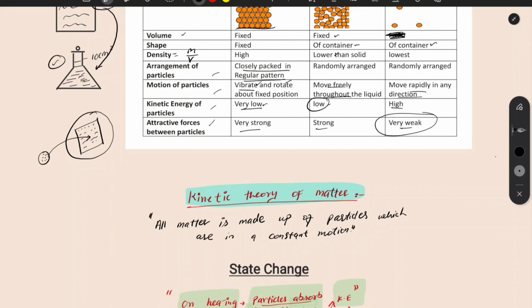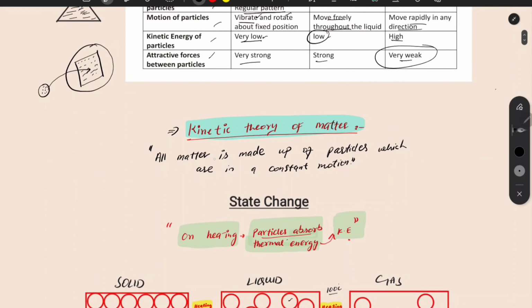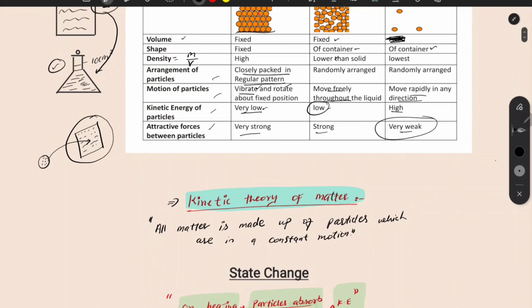Then the kinetic theory of matter. As I have just discussed, the particles, irrespective of their state, will always move. This theory is the kinetic theory of matter: all matter is made up of particles which are in constant motion. Solid state particles were vibrating and rotating, liquid particles were freely moving, and gaseous particles were also moving.